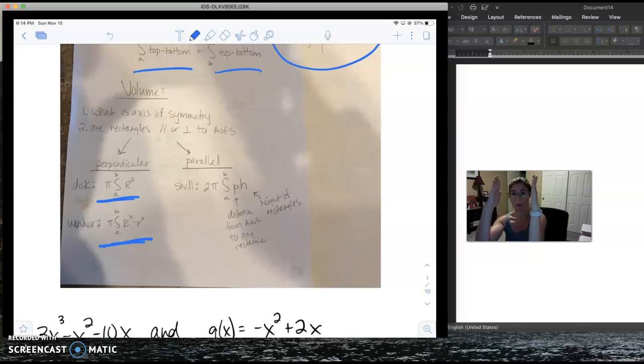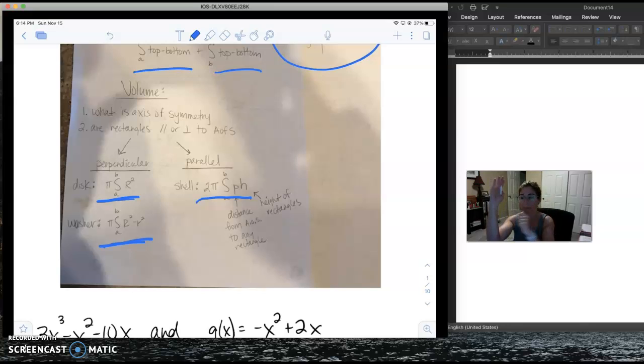So anytime your axis of symmetry and your rectangles are parallel, you're going to use the shell method, which is integrating from a to b of 2 pi p h. I don't know if that's always the same letters. It might be different for different textbooks, but I always used 2 pi p h, where p was the distance from the axis of symmetry to any of those rectangles.